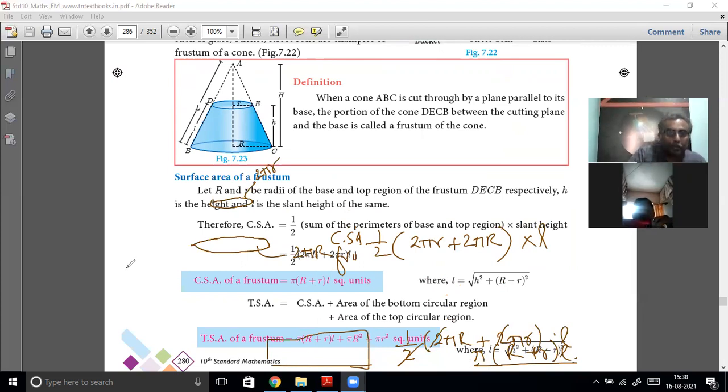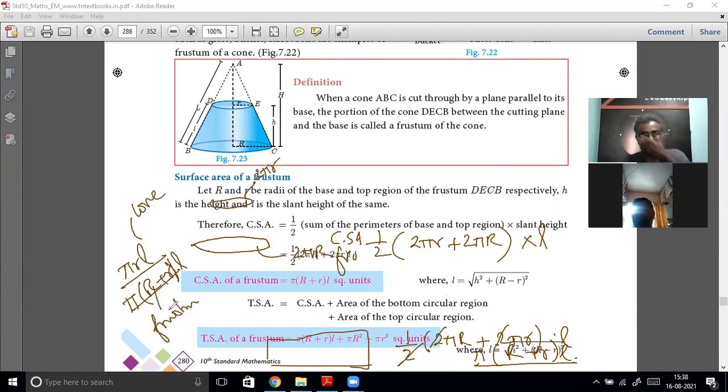Pi R L. Here, pi into (R plus r) into L. Very simple to remember. Frustum formula: pi into big R plus small r into L. That's the way it works.